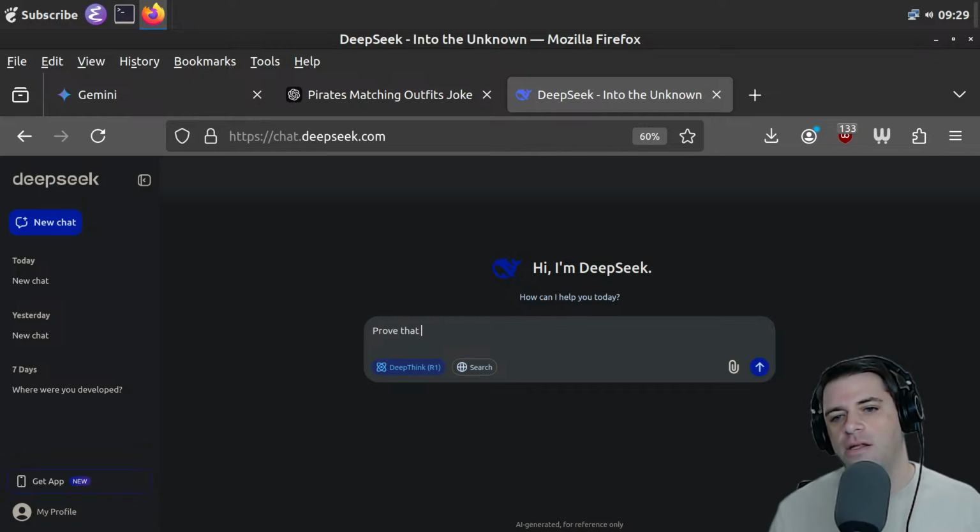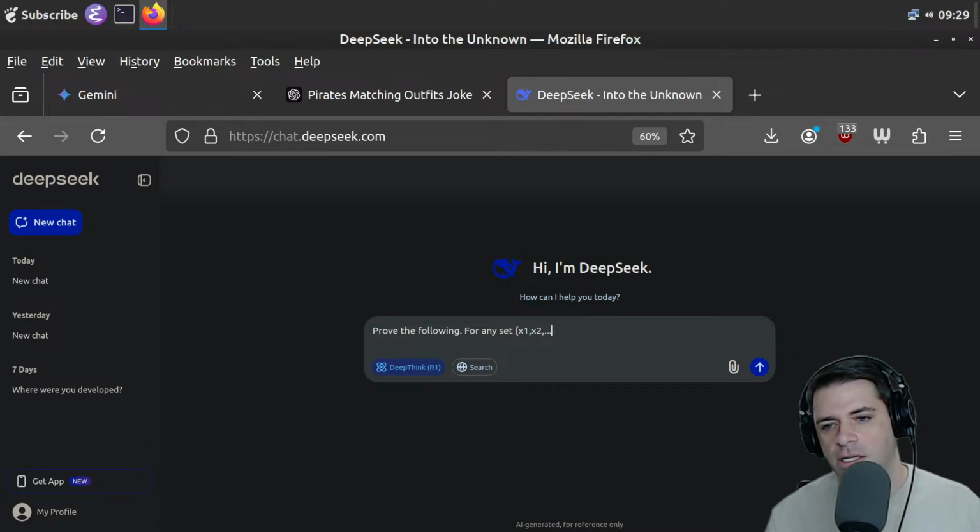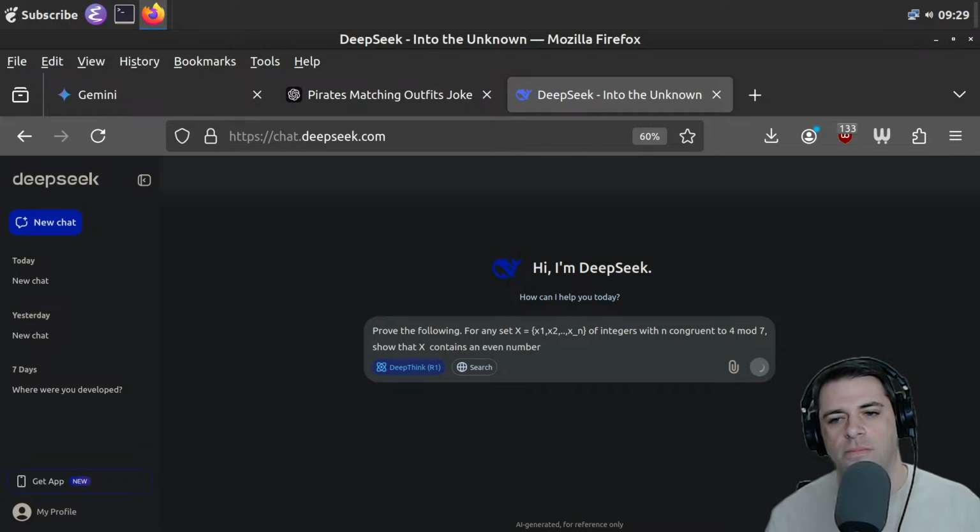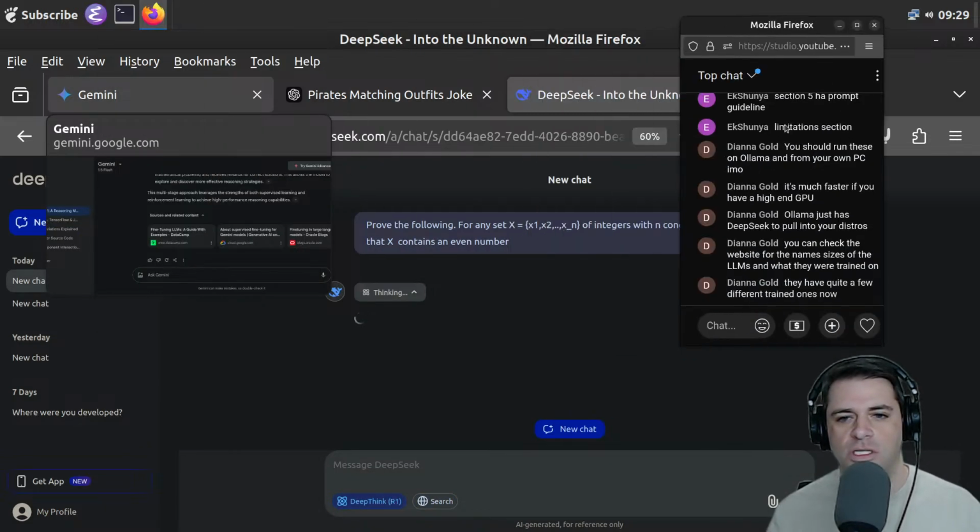So, prove the following: for any set x1, x2, ..., xn of integers with n congruent to 4 mod 7, show that x contains an even number, which is obviously not true. I'm just curious to see what it will do with this.